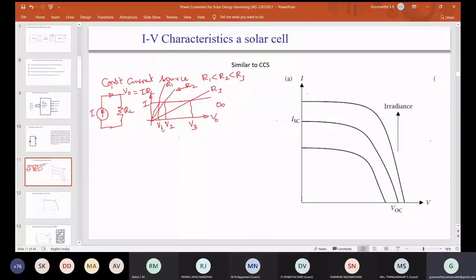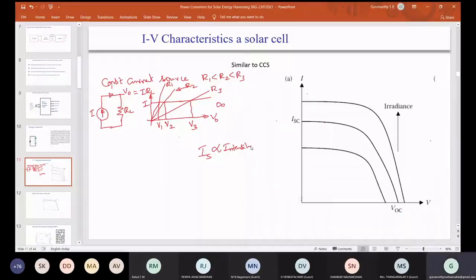So now let us come back to the IV characteristic of the solar cell. Whatever you are seeing on the right side of the slide is the IV characteristic of the solar cell. Now you see the current, as I told you, is the reverse saturation current of the diode. The current of the solar cell is proportional to the intensity of light.